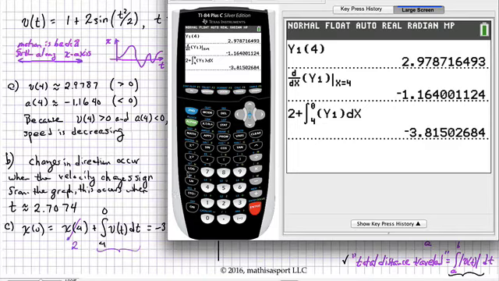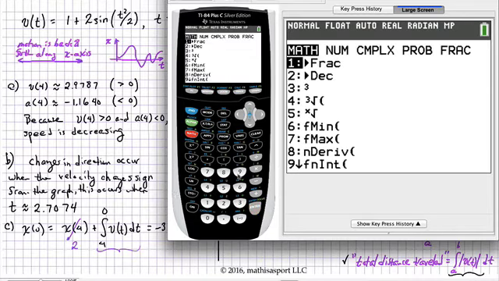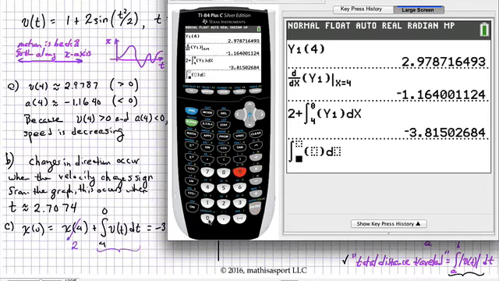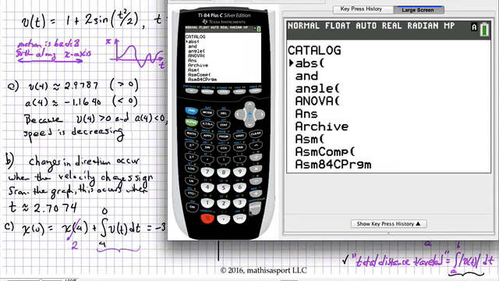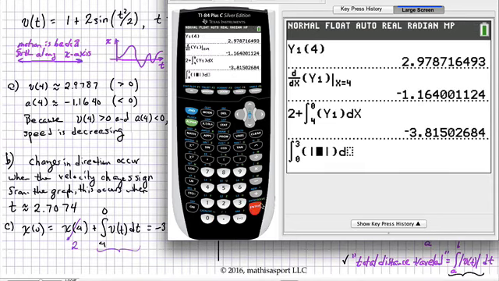I'll just say Math 9 from 0 to 3. And then putting in y1 is not what I want. What I want to do is make reference to the absolute value, which is the very first entry in the catalog.